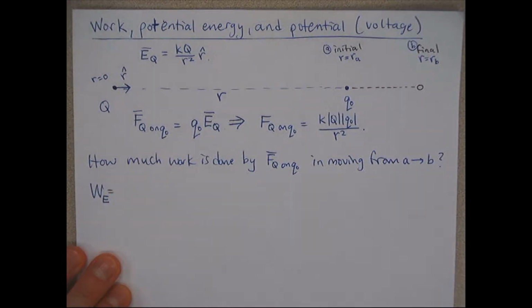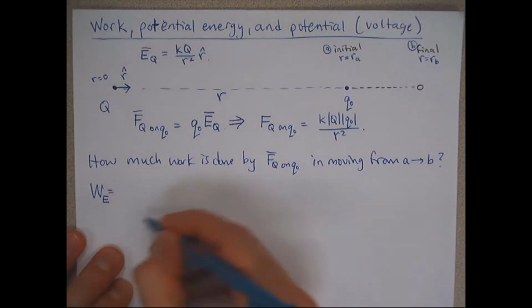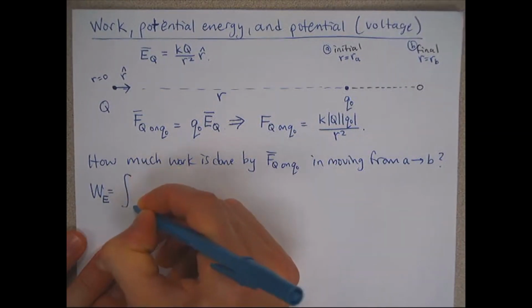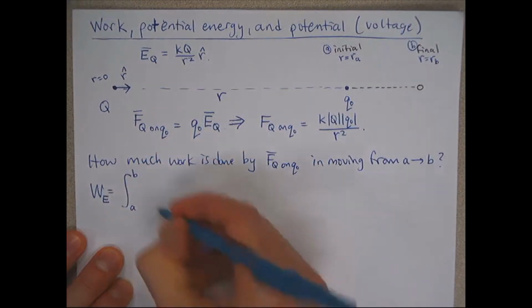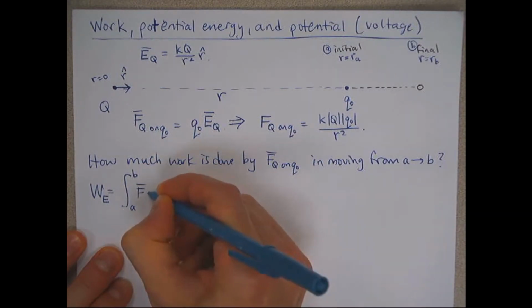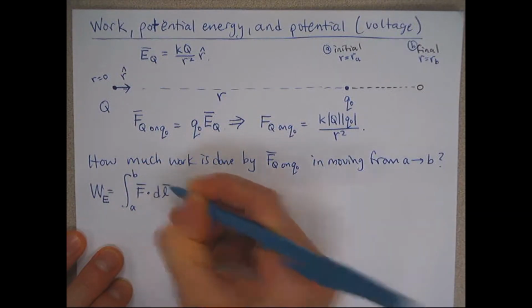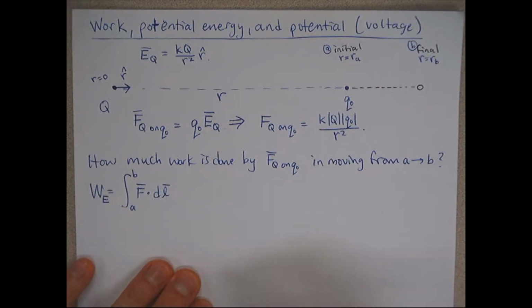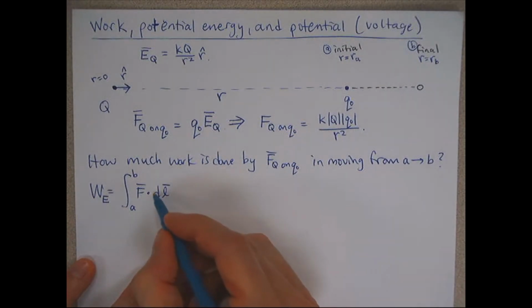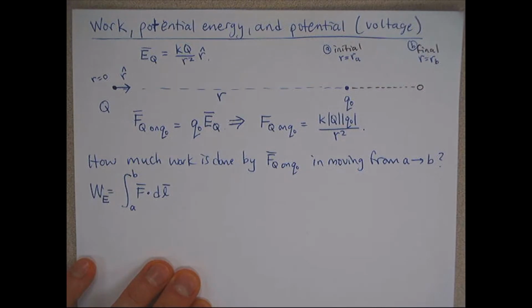Work done by the electric force, I'll call it sub E, from location A to location B is the standard work integral you've seen in UP1 of force dot with dl along the path.